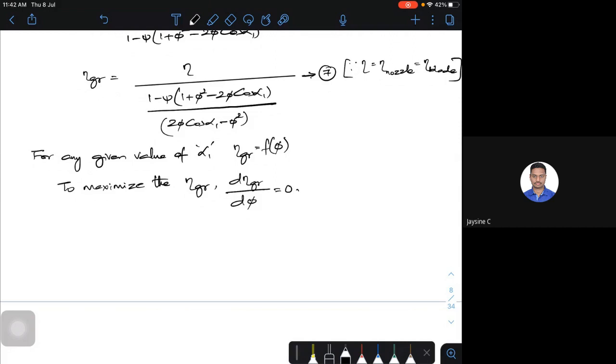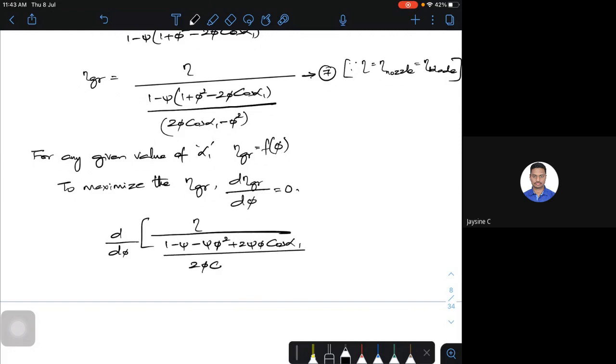So I need to take this, differentiate this and get the value.